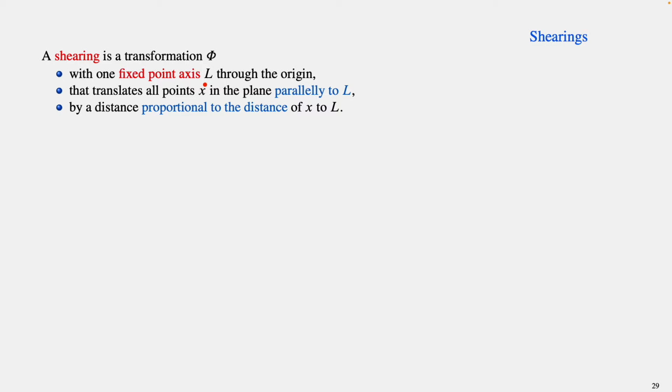So that means every point on this axis L is being fixed by the transformation, is not moved. And all other points x in the plane are translated parallelly to this axis L by the shearing. And the distance, how far they are translated, is proportional to the distance of the point to this axis.